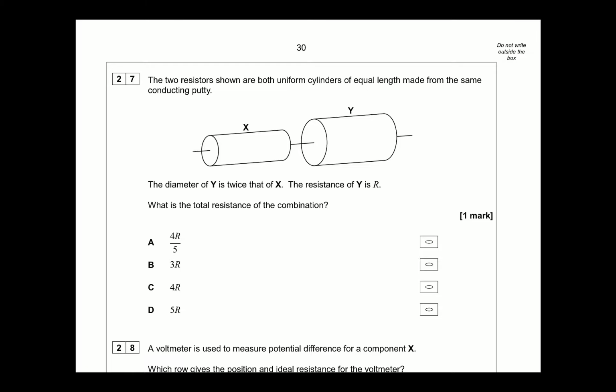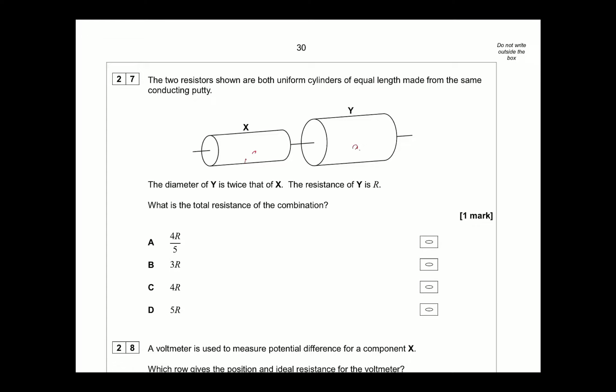Okay, so we've got twice the diameter, which means we've got 4 times the area, which means that this is 1/4 the resistance of that. So 1 plus 1/4. That doesn't make sense.